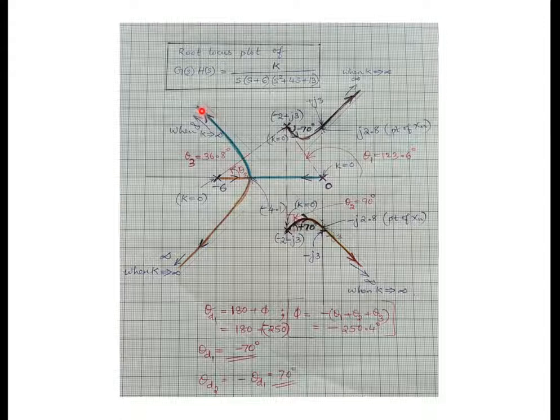The root locus has to break on the real axis in between 0 and minus 6, and minus 4.1 is in between 0 and minus 6. So after this breakaway point, this root locus branch is finished.